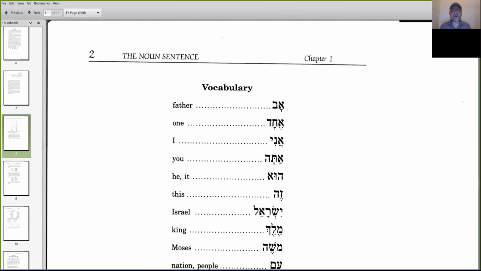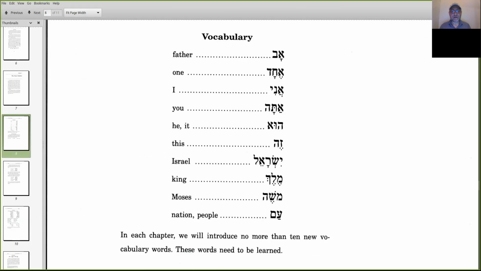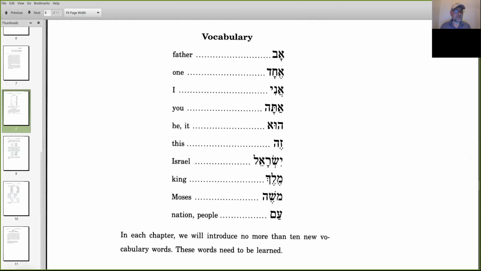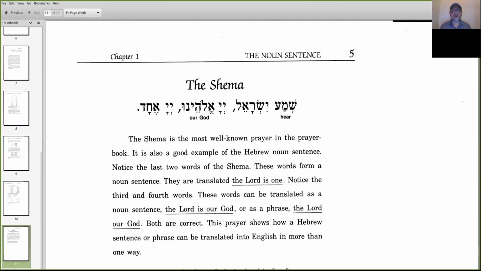This is our vocabulary again. Nation, people. Okay, so Israel is in our prayer example, and Echad is in our prayer example. That means one, but I'm not seeing any others in that phrase. So here's this one here, and this one here. So there's our vocabularies in our prayer book example.